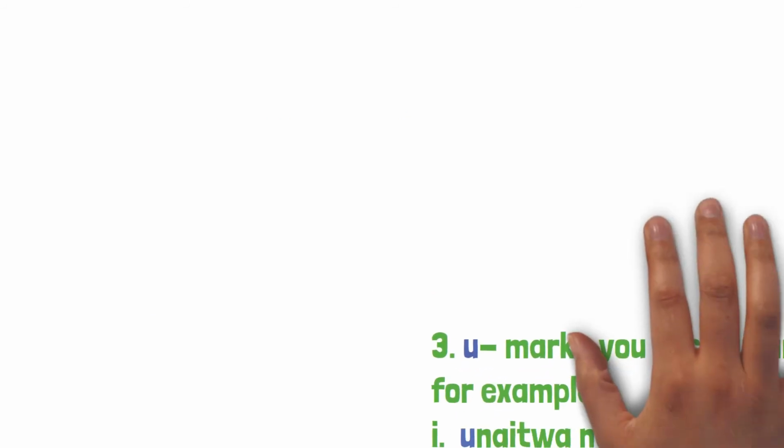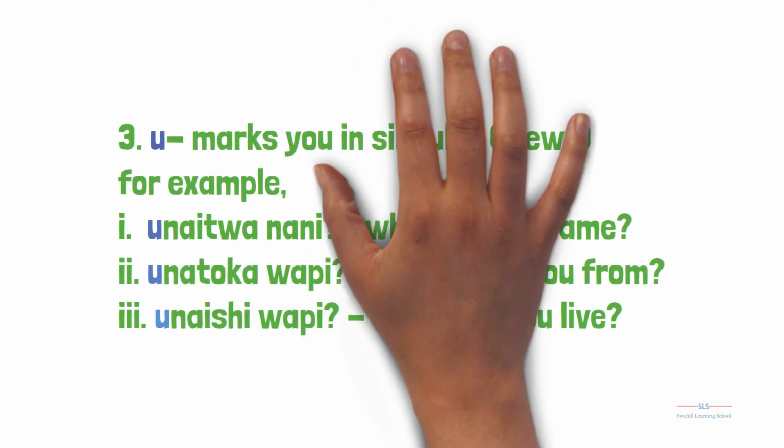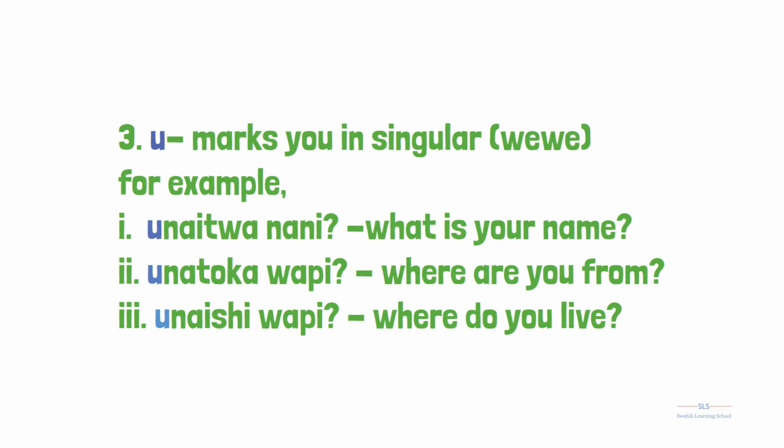Then comes number three, which is u. U marks you in singular. We have you in plural and you in singular, and the you in singular is wewe in Swahili. So u stands instead of wewe. For example, unaitwa nani? What is your name? Unatoka wapi?